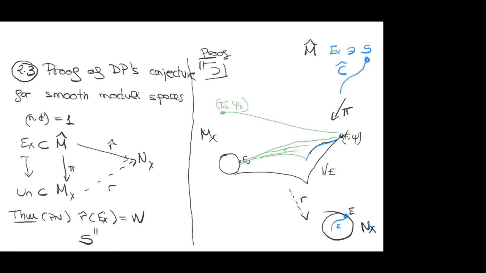You have your shaky guy just by mapping S to the moduli space, and this has to be E because, again, the curve C hat is mapped to C minus E, and this curve has a unique limit, which is E, and it's C. It's also R of S. Okay, so this proves that wobbly is shaky.